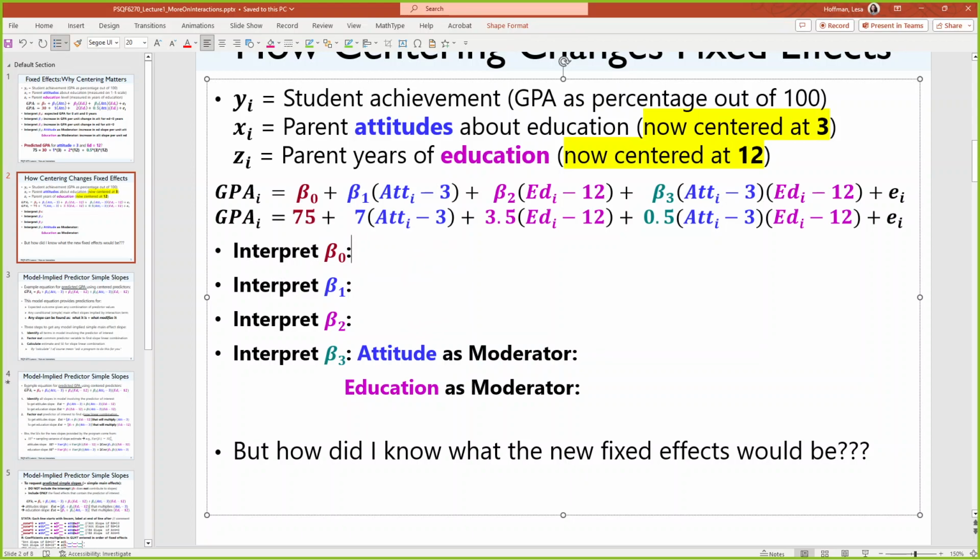But now, if this is my model, how do I start my results section? Expected GPA for attitude equals 3 and education equals 12. Yep. That person might be in my sample, or sounds like they plausibly could be.